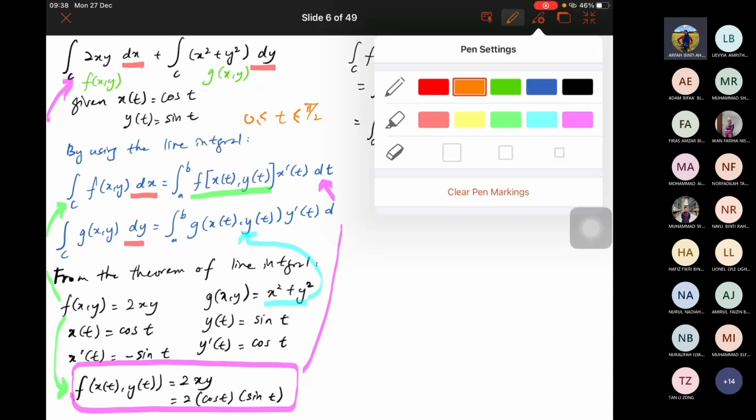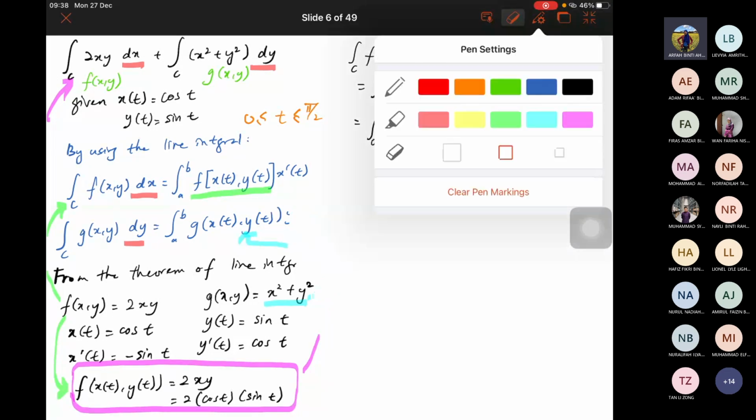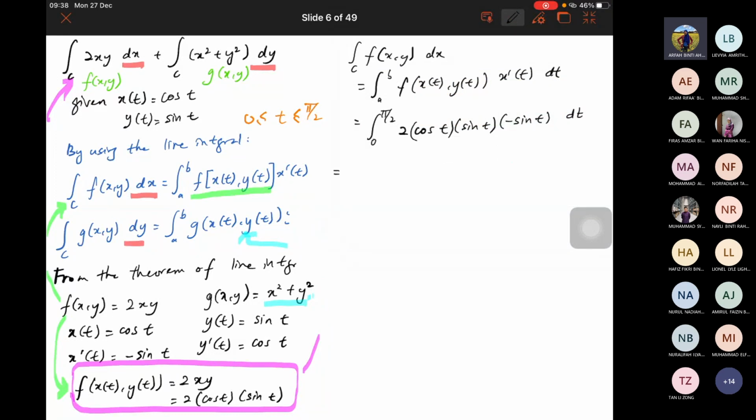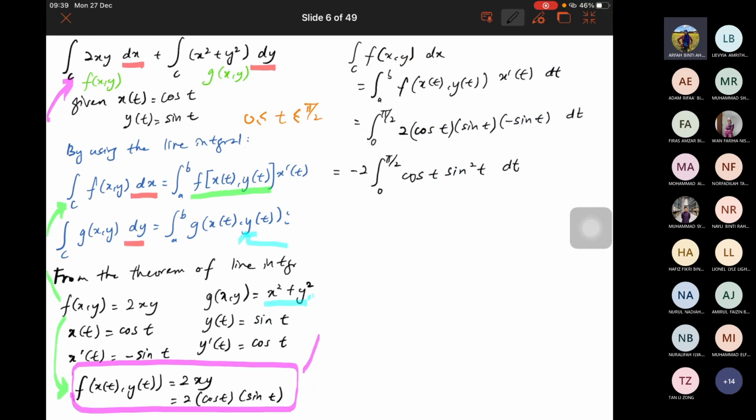So dia akan sama dengan, solving for that integration, it will be equal to negative 2 kita keluarkan, integral 0 from pi over 2 cos t sin squared t dt. So integration with respect to this one. Okay. So we will make use of the integration by substitution.